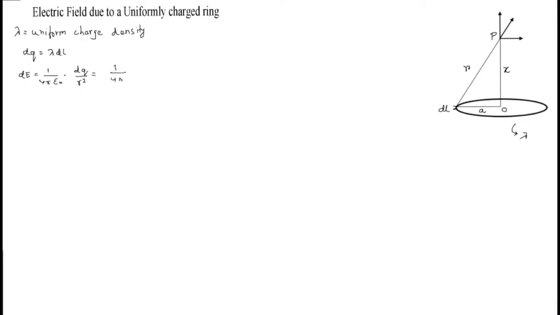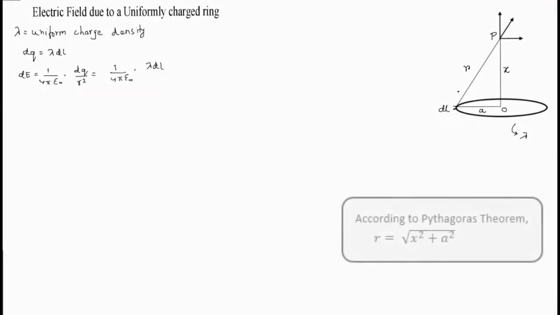Now we'll expand it a bit. So 1 by 4 pi epsilon naught. Now dq is nothing other than lambda into dl, right? Now what is this r? So according to Pythagoras theorem, this is 90 degree, right? According to Pythagoras theorem, see, this r is nothing other than under root x square plus a square.